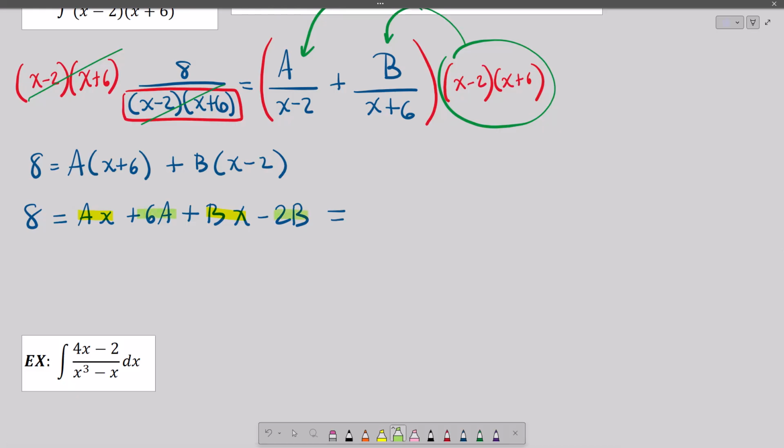The yellows are linear, those are the x terms. Let me just write it down here. I'll go underneath. So this is going to be A plus B multiplied by x, the linear terms, where there's the variable of just x. And then I'm going to group the constants together: 6A minus 2B.